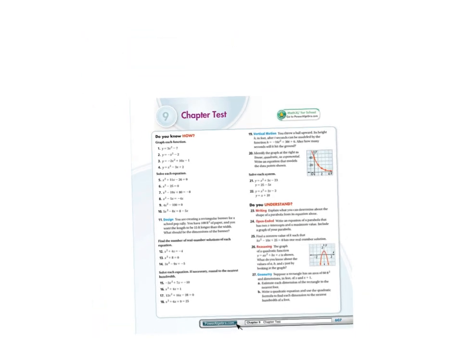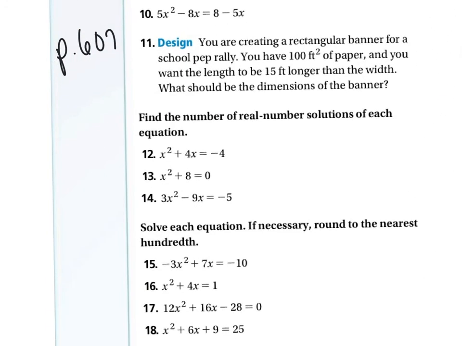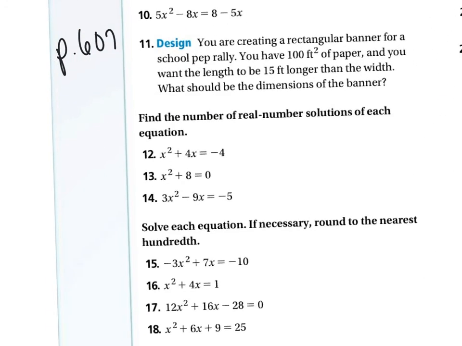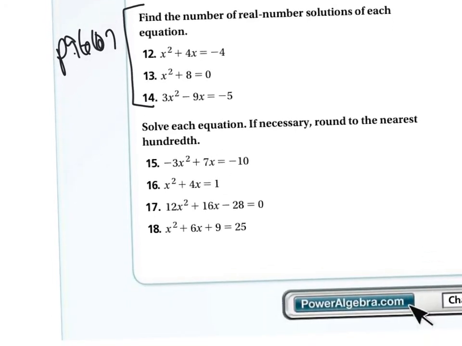This is page 607. So on page 607, if you want an idea of what's going to match up with what we just did, 12 through 14, those are from lesson 6. 15 through 18 are from lesson 5 and 6, which was completing the square and quadratic formula.